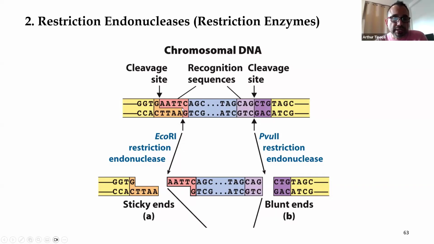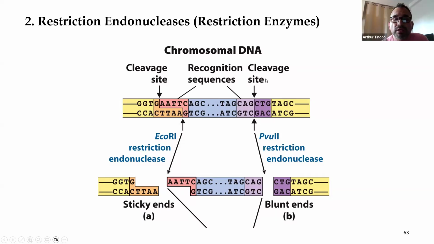It's going to cut here and cut here, so that you now form these two ends. These are what we refer to as sticky ends, where you're going to be able to ligate something onto them as long as you have a sequence that's complementary to the sequences present in these particular strands.